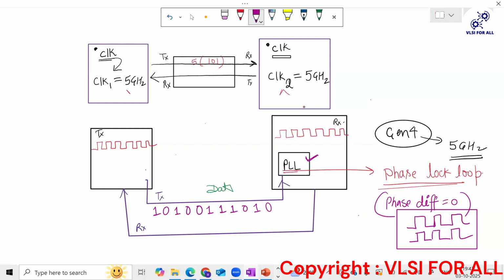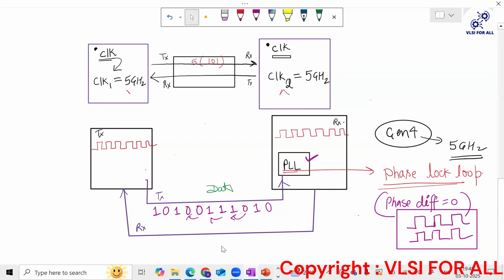So when the transition happens, this PLL is a superior block and a very complex block. Don't think it's a simple block. It's a very complex block, and that's the job of a PLL, to make the phase difference zero.